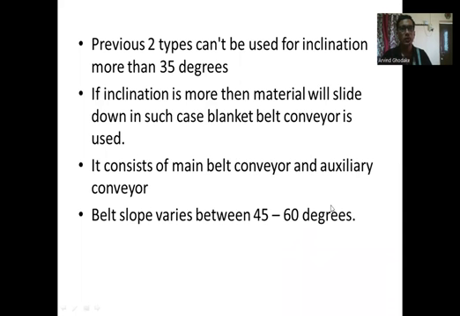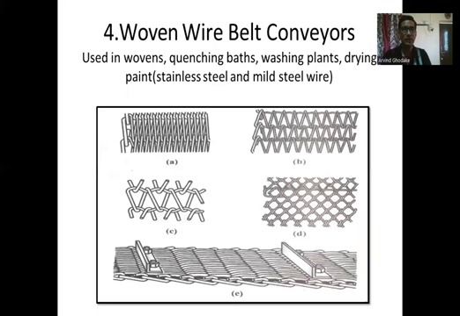The previous 2 types can't be used for inclination more than 35 degrees. If the inclination is more, then material will slide down. In such a case, blanket belt conveyor is used. It consists of a main belt conveyor and auxiliary conveyor. The belt slope varies between 45 to 60 degrees in blanket belt conveyor.